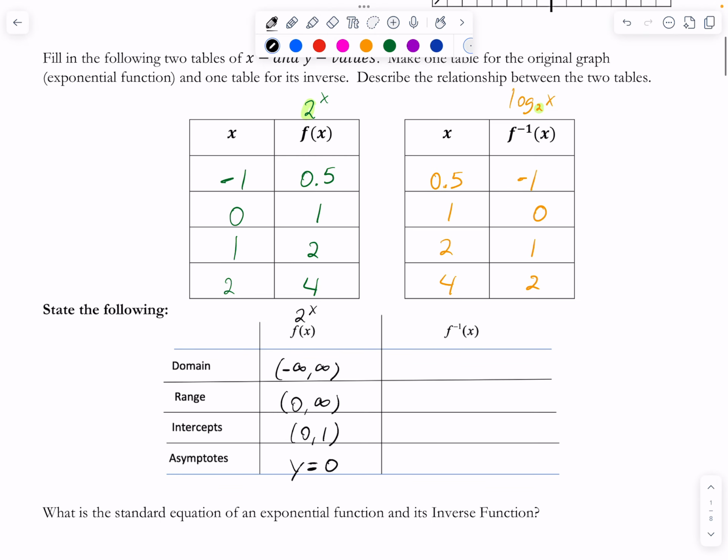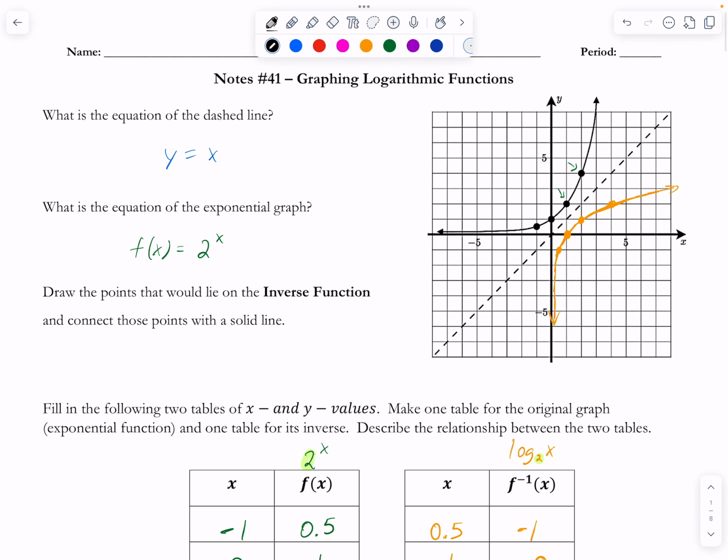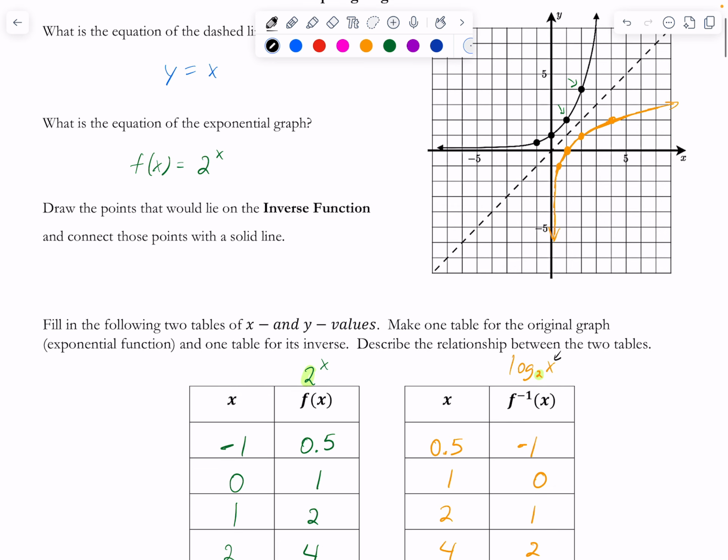Now, for the inverse, which is the log function, in terms of our domain, we actually are not moving left of the y-axis. So we have no negative numbers. The argument, that x value, cannot be negative. You'll see later on when we talk about logarithms and their properties why that's true.